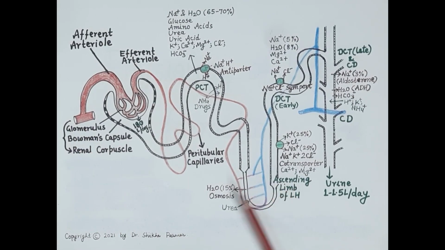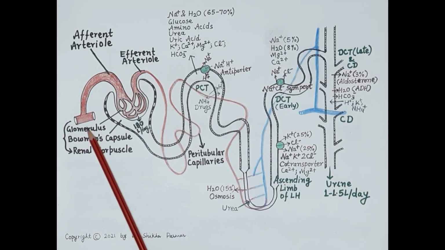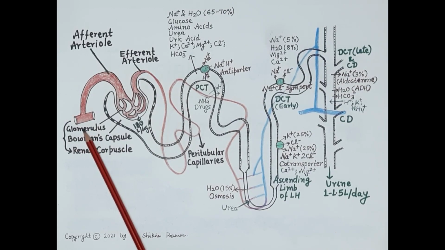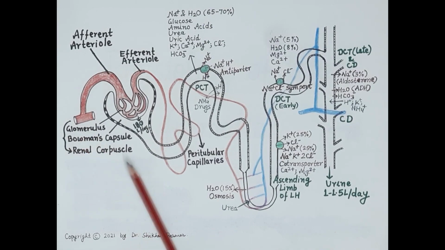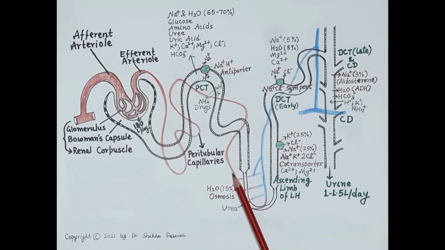Now, diuretics are the agents that act upon kidney and they increase the volume of urine, thereby reducing the volume of blood. What diuretics do is decrease the reabsorption of sodium as well as the reabsorption of water from the lumen into the peritubular capillaries.